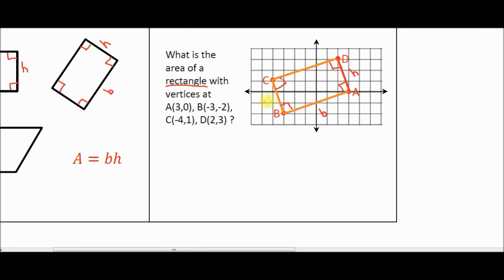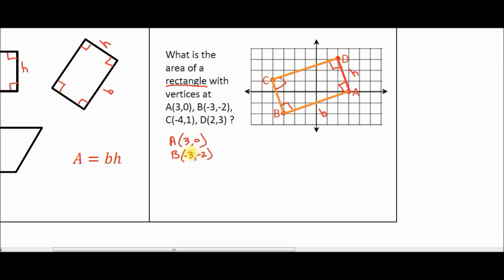So let's figure out what the distance is between A and B. I know A is (3, 0). B is (-3, -2).